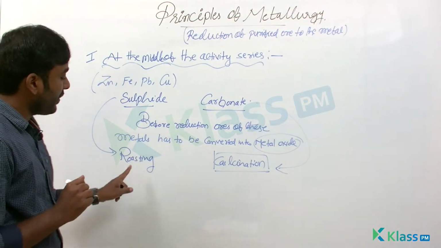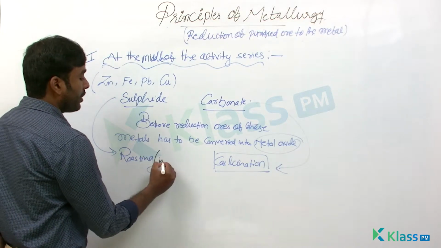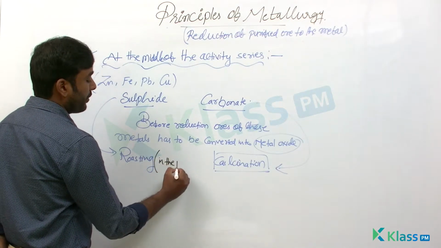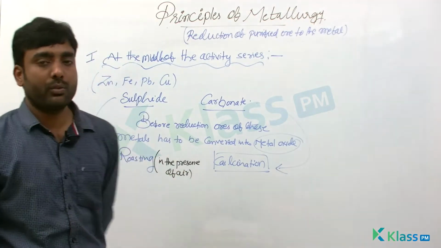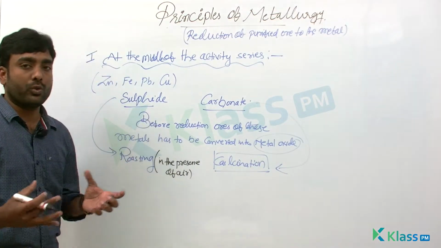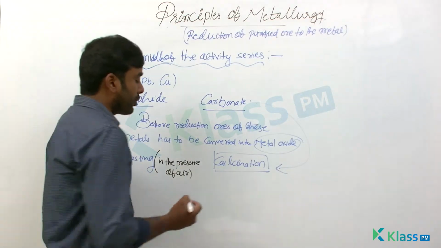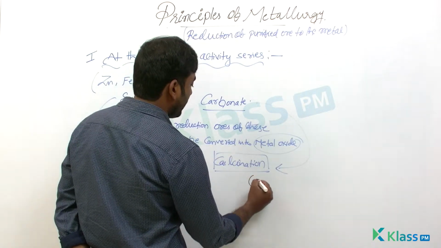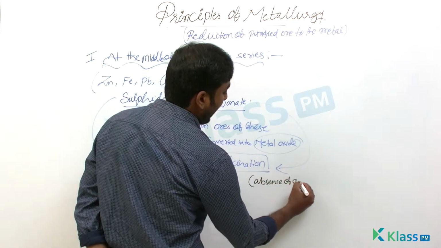What is the difference between roasting and calcination? Roasting occurs in the presence of O2 or in the presence of air. Both are pyrochemical processes. Pyrochemical process means strong heating, we are heating those ores. So strong heating in the presence of air is roasting. Strong heating in the absence of air is calcination.